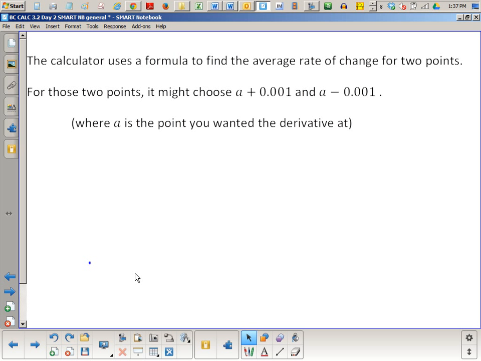For example, if you tell the calculator to find the slope at 2, it will use 2.001 and 1.999, and it'll just do an average rate of change calculation. And it just figures, well, that's close enough. Such a small interval, it would come out so close to the slope of that tangent line anyway. That's what the designers of the calculator were thinking.